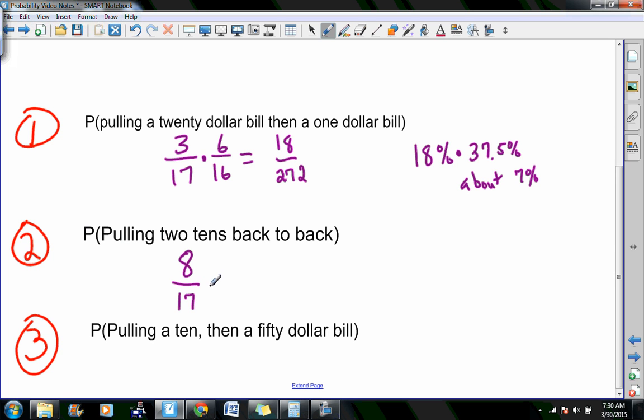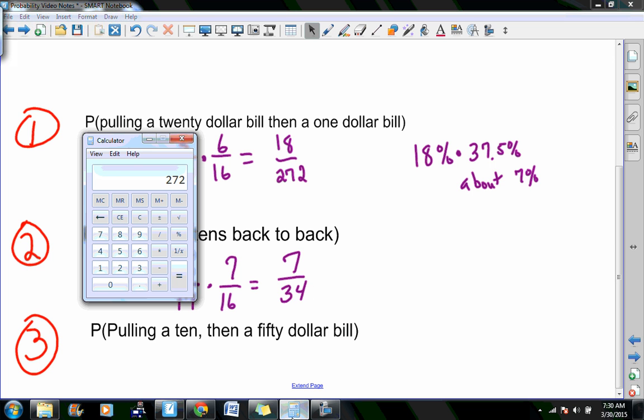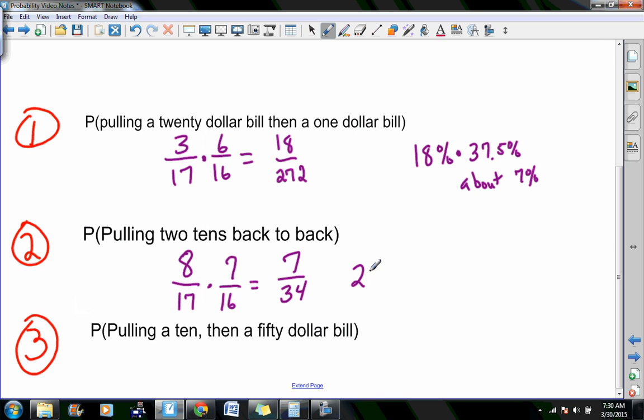Therefore, there are only 7 left, and there are only 16 items left. Now, if we multiply this out and simplify, we would eventually get 7 out of 34, which is about 20.5%, or 20.6%.